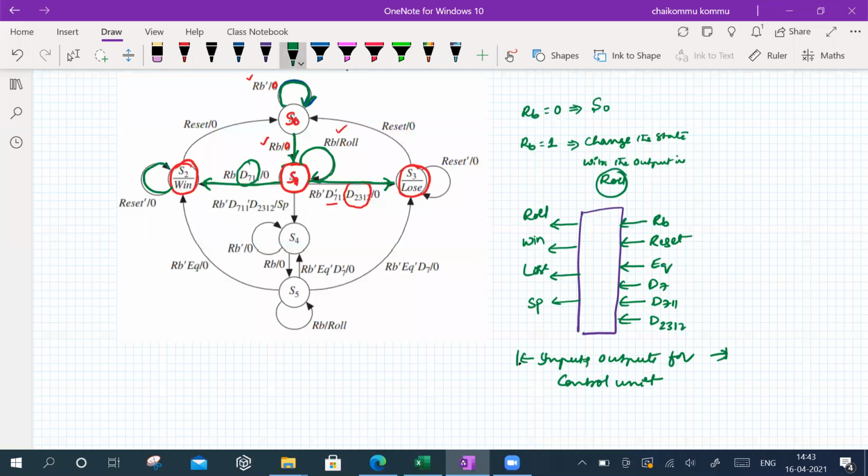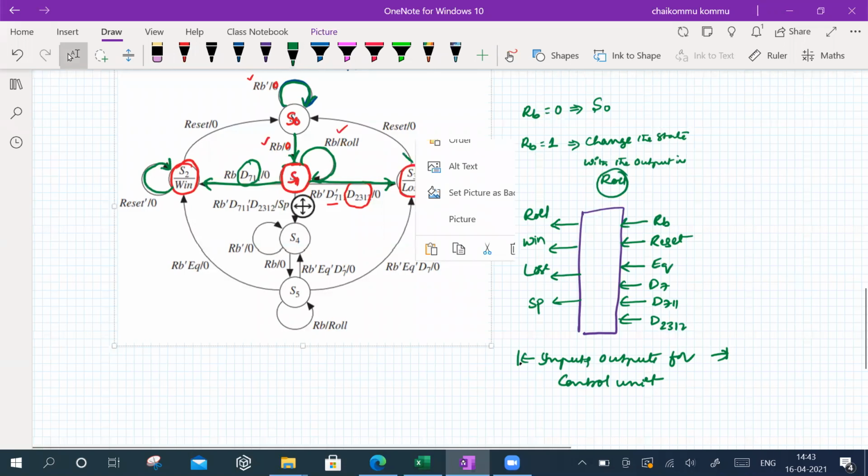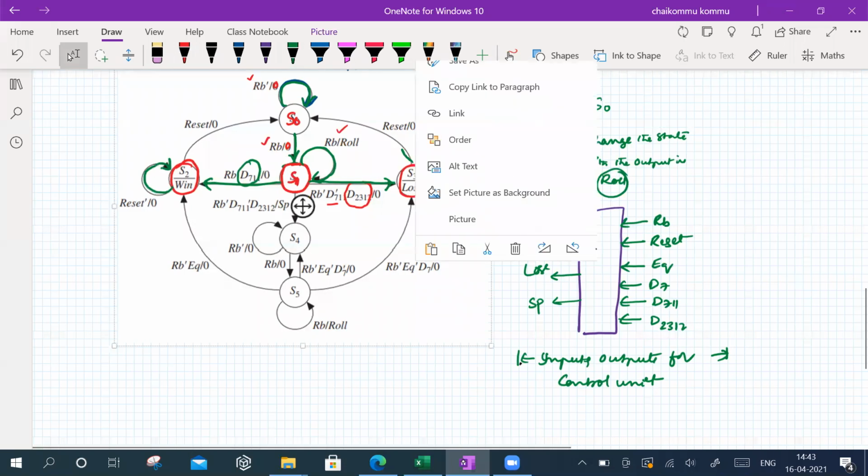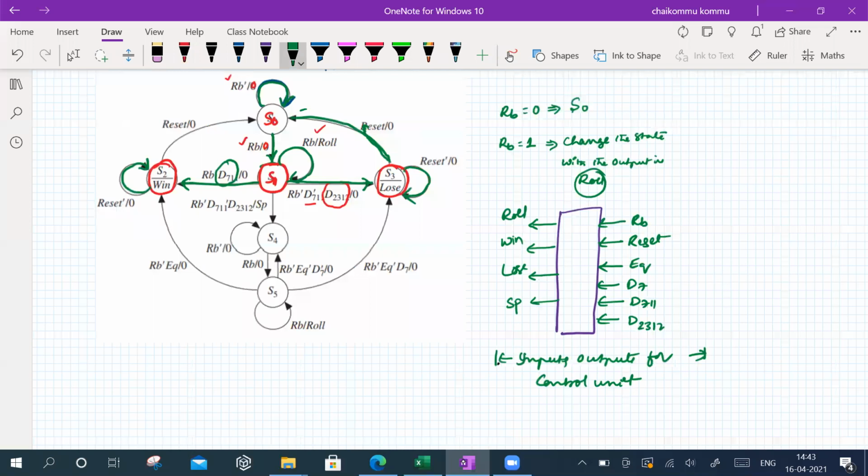If the reset signal is not there, you stay in the win state. If the reset signal is not there, you stay in the same state. For example, when the reset signal starts, then again you have to start a new game. Okay, that's fine.